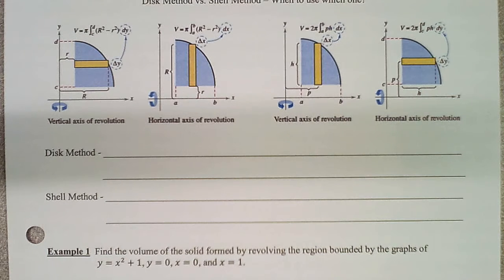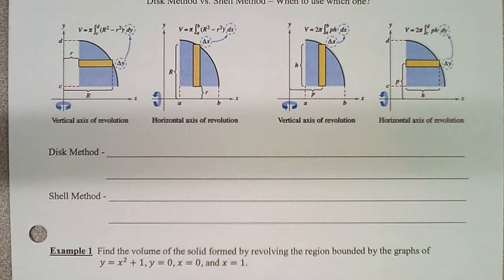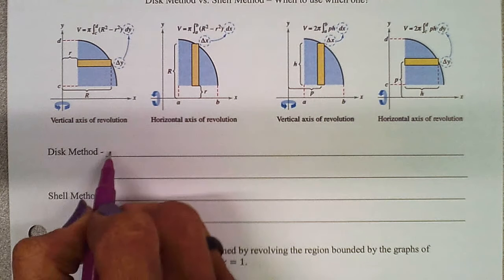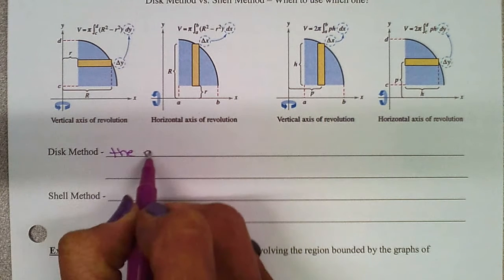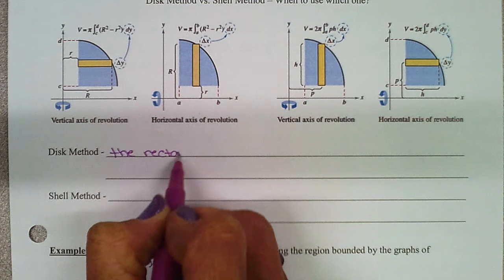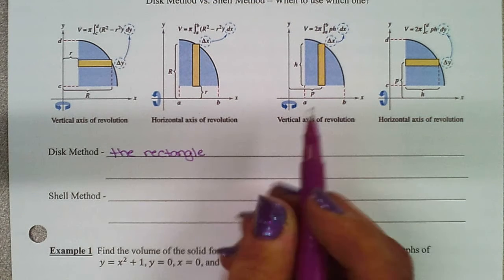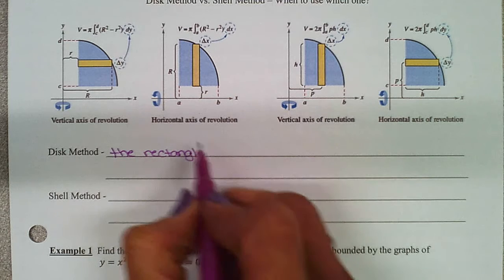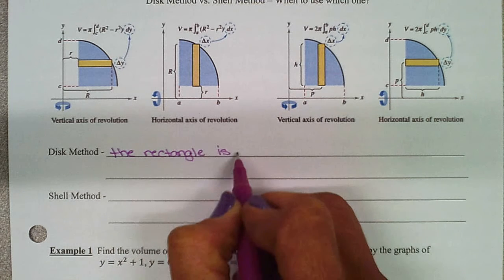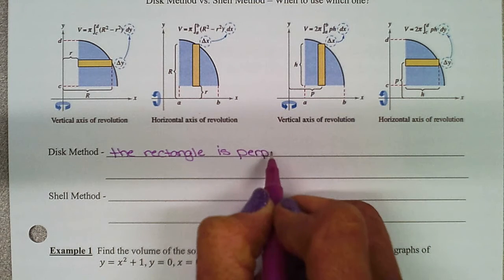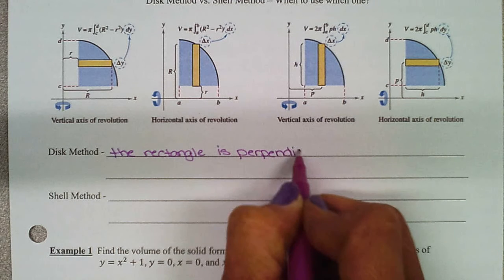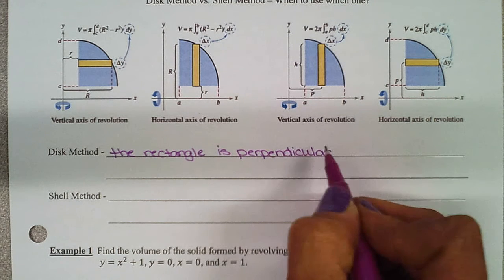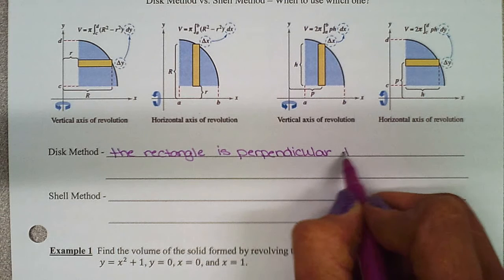So between the two, you're going to want to use the disk method when the rectangle, so that thing that you are rotating around an axis of revolution, is perpendicular to the axis of revolution.